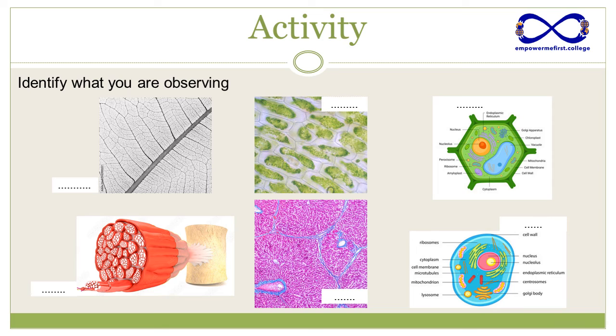Based on the slide that I showed you before, try to identify what you are observing. So try to identify what this picture refers to, what is this picture, what is this picture, and so on. Okay, we already saw something similar during the video.